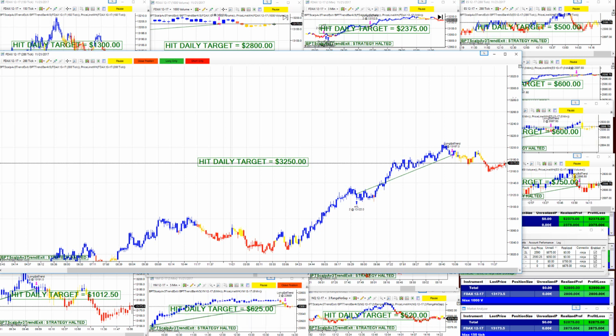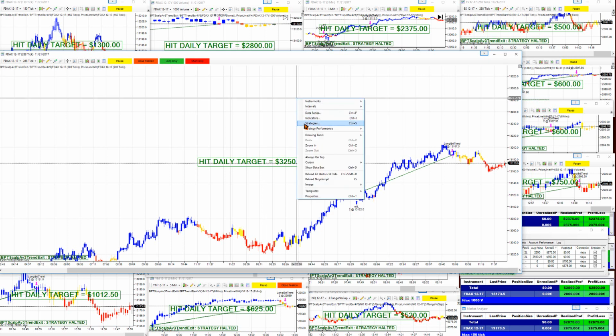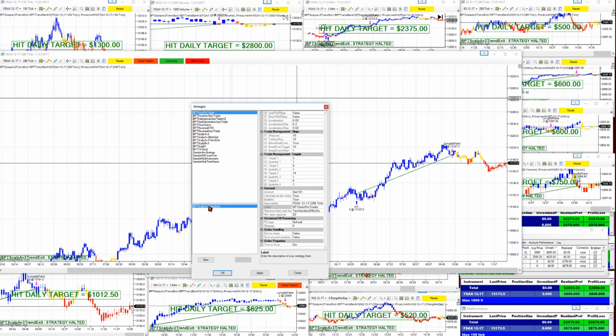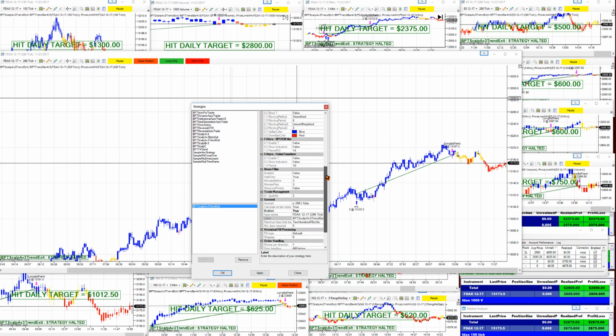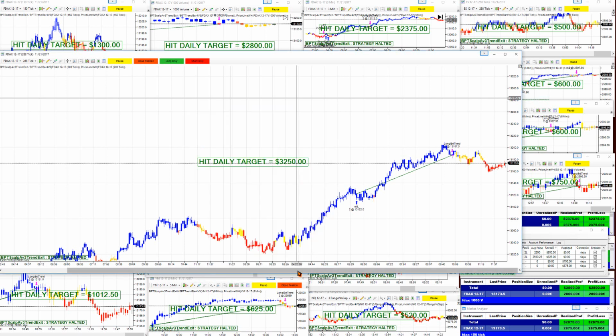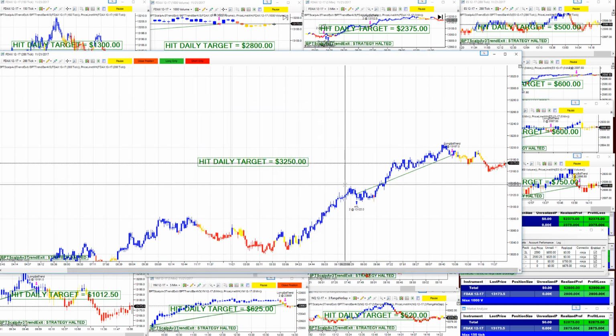So I don't need the news filter either. I don't like it, but you can also use the filter, though I think it will make more money without the filter. But you have the news filter here, 3 minutes before or 5 minutes before. This is up to you. But hey, I wanted this market to move.